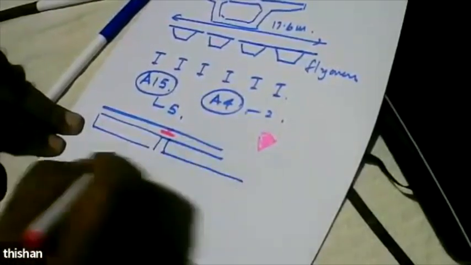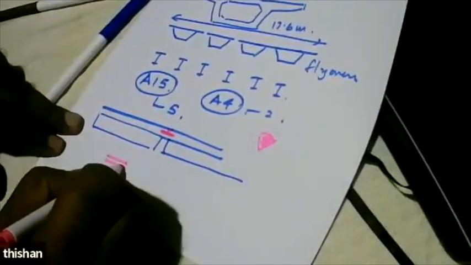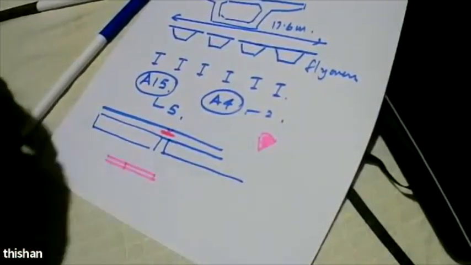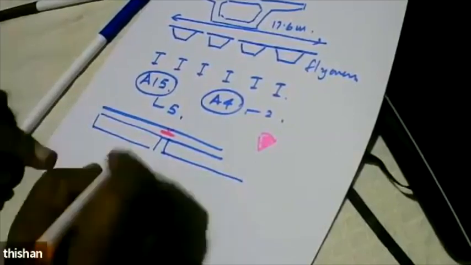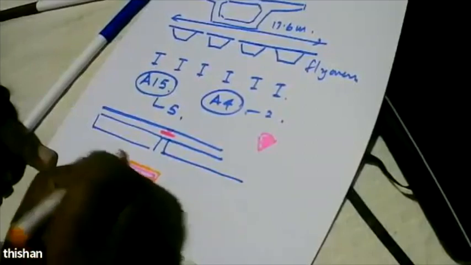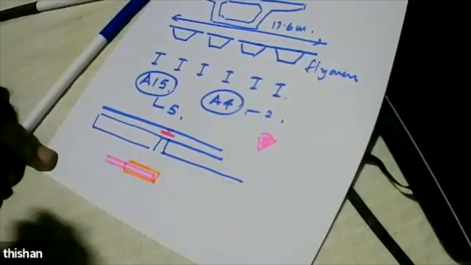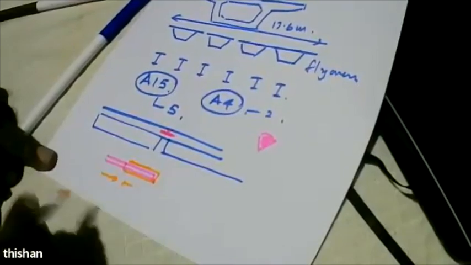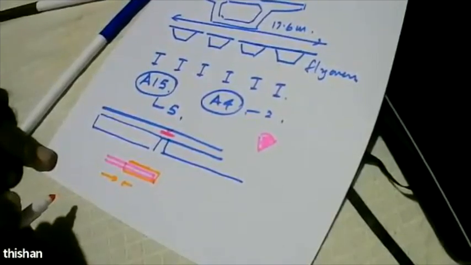And this double bar also, one side is embedded in concrete, the other side wrapped with polyethylene. This side is wrapped with polyethylene, and both are embedded in concrete. So any movement can be easily accommodated.